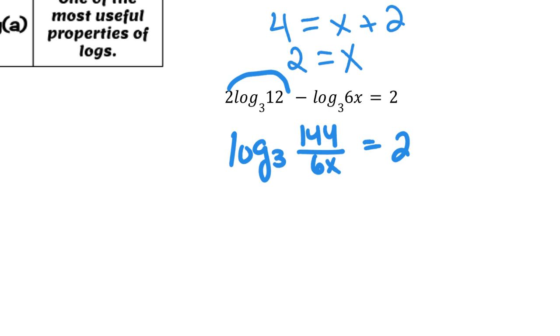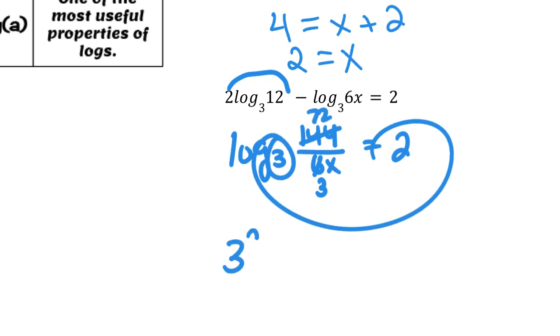Could we reduce the 144 and the 6? We totally could. This is 3, this is 72. So then we got 3 to the 2 equals 72 over 3x. Oh, we could have gone more, couldn't we? Calm yourself.